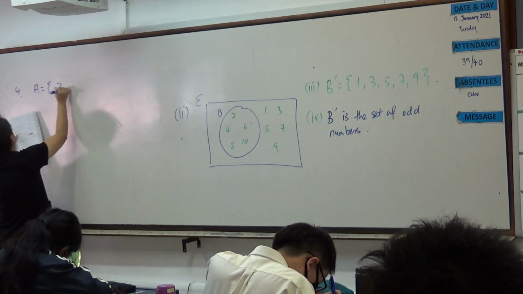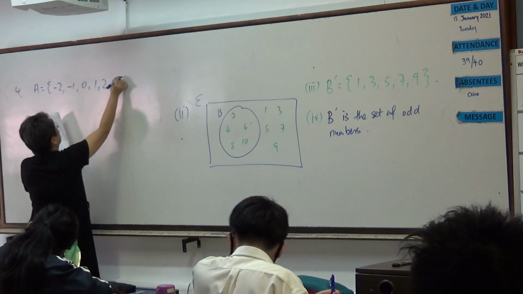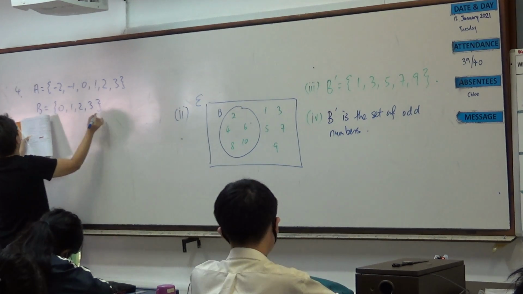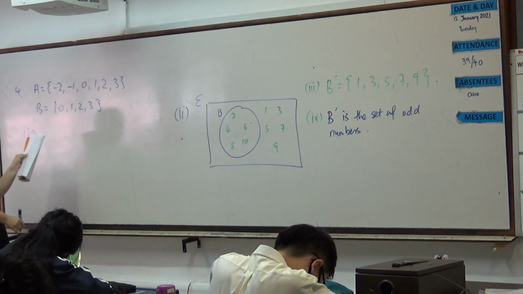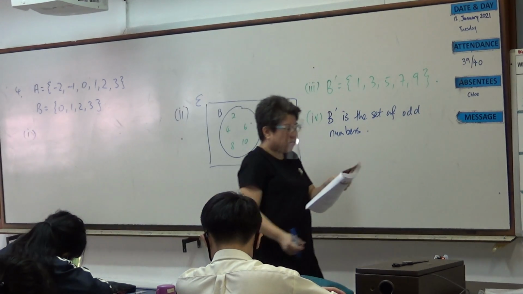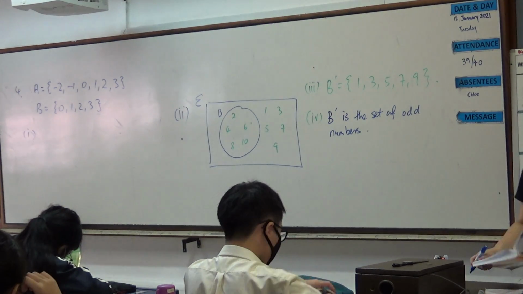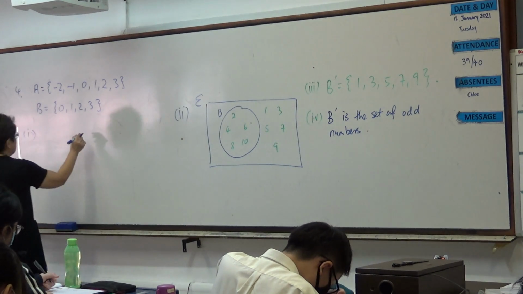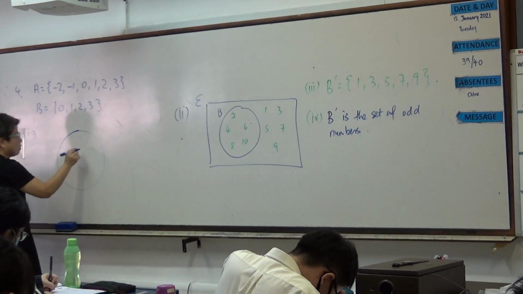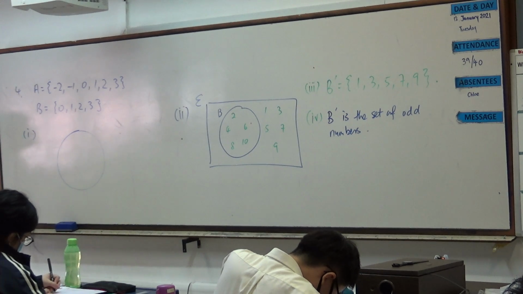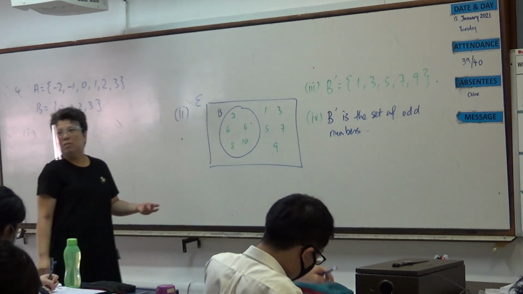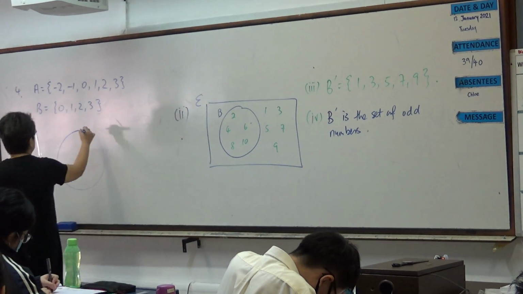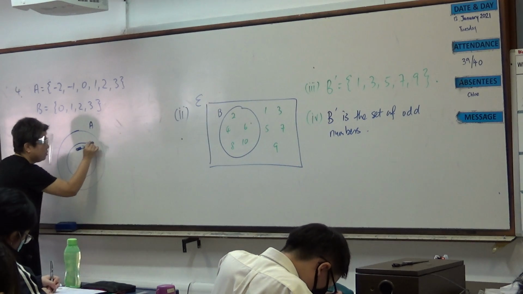A is... Draw a Venn diagram to represent the sets A and B. Now, I want to know which is a subset of which. B is a subset of A. That means B must be inside A, agree? Okay, so this is my A. This is my B.